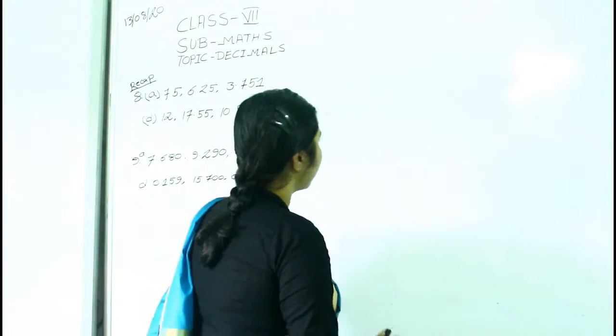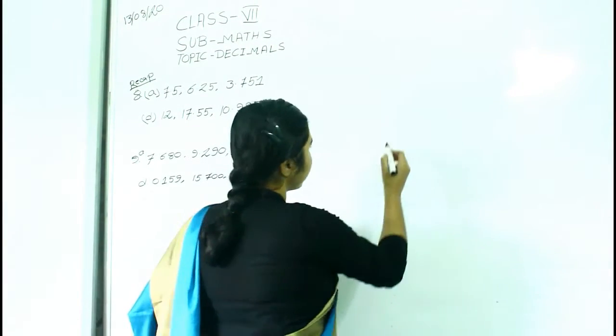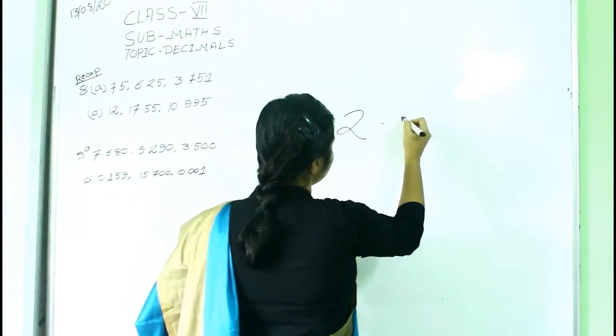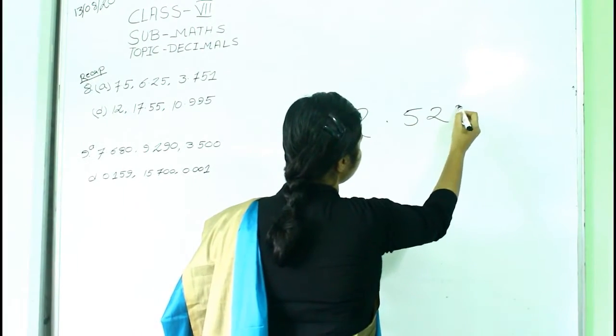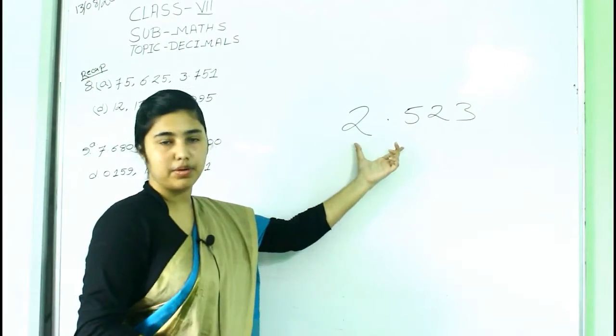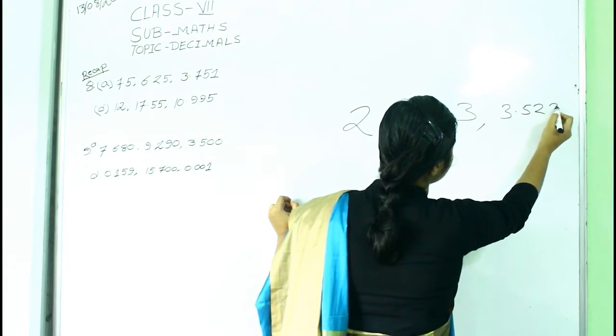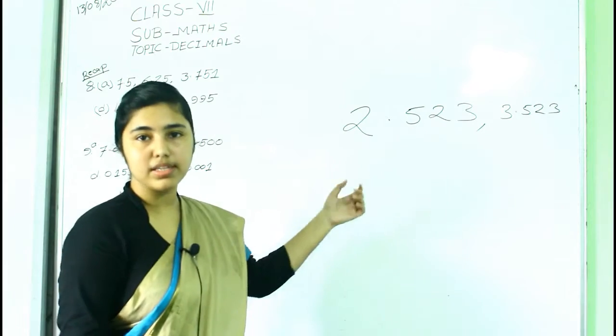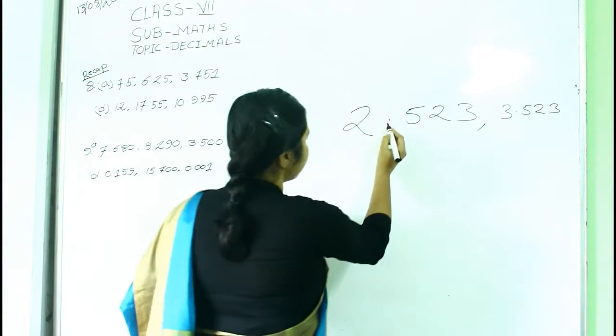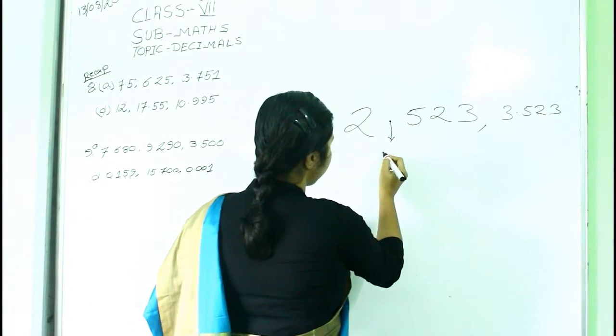So what are decimal numbers? In numbers, this type of numbers are known as decimal numbers, where this is the decimal point.